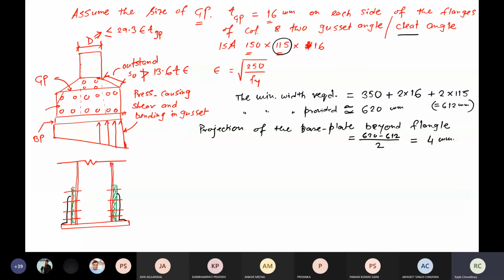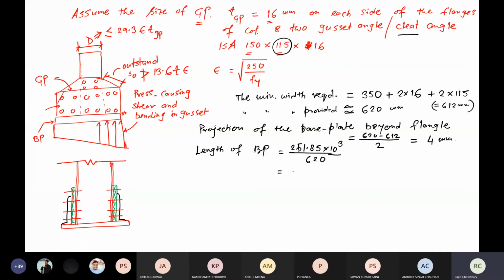Okay, and now from here the length of the base plate is becoming the total area required, 251.85 multiplied by 10 raised to 3 divided by 620.